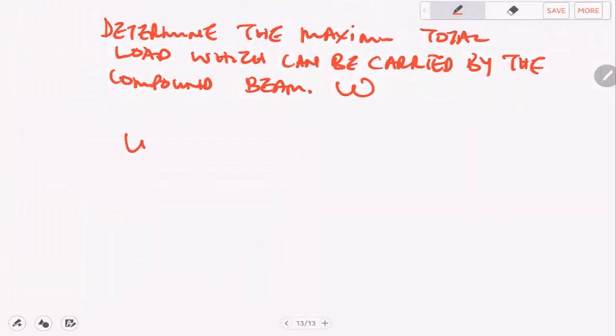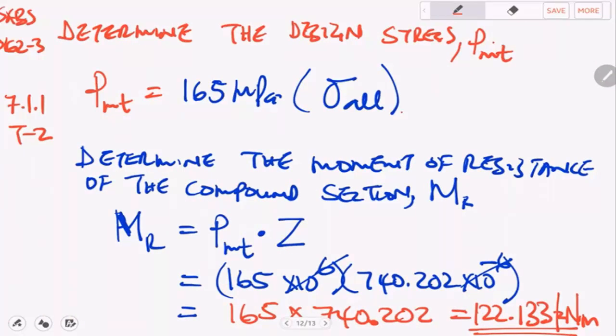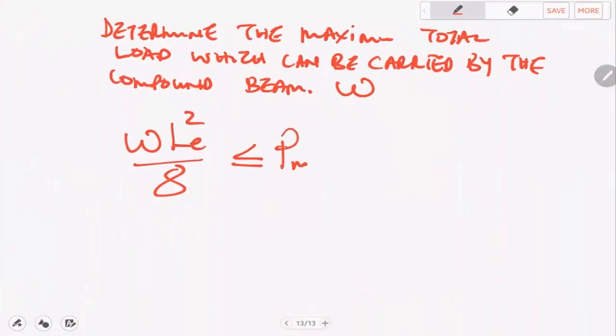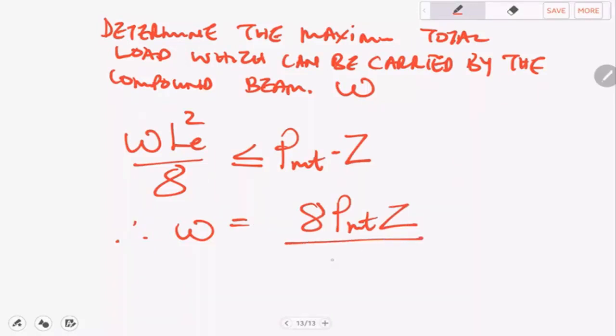We know that omega L_E squared over 8 should be less than or equal to 122.133, which is p_MT multiplied by Z. Therefore, omega will be equal to 8 p_MT Z divided by L_E squared. So it must be less than or equal to that.